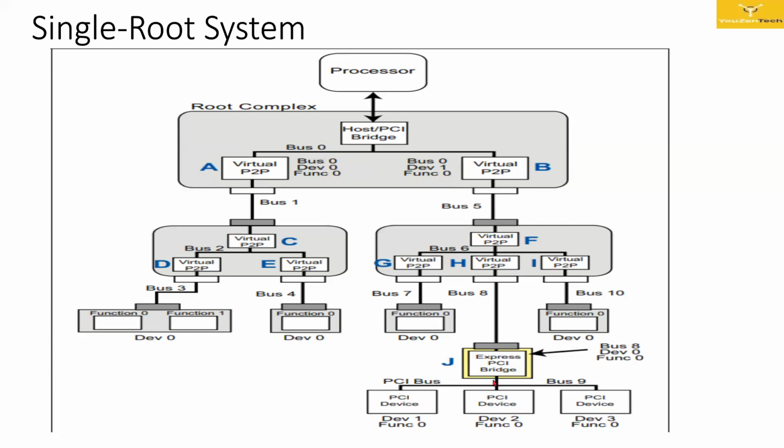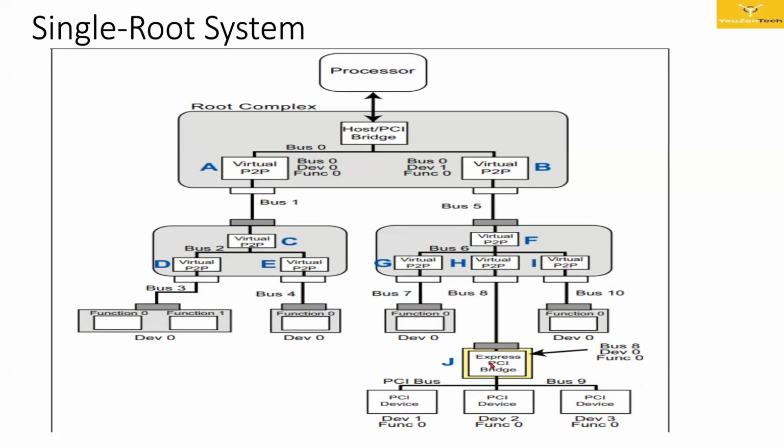After that it comes over here, and it says that this bridge has 3 devices, device 1, device 2, device 3, and these are the endpoints.